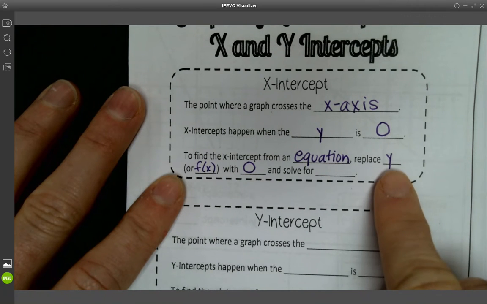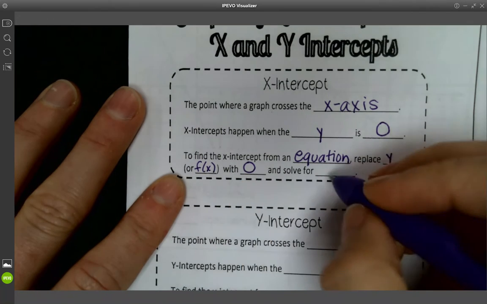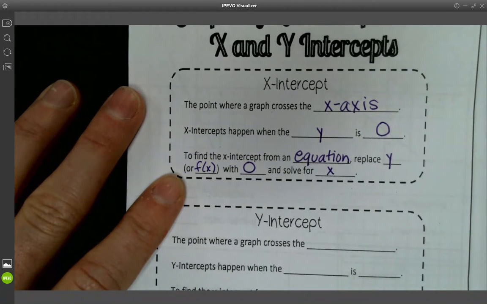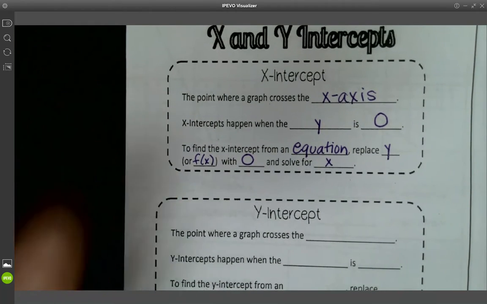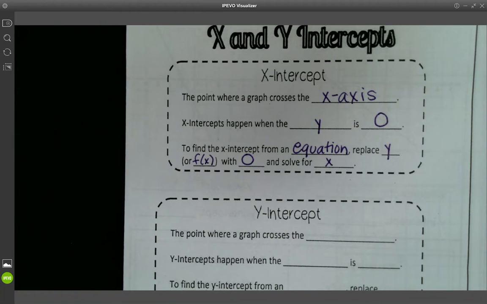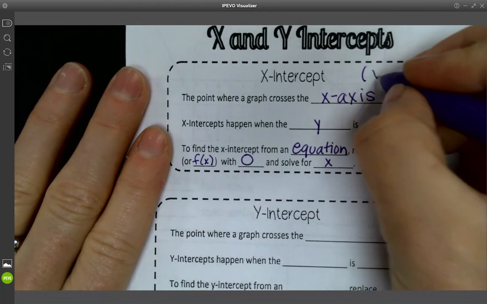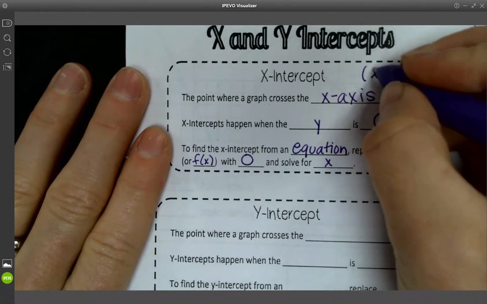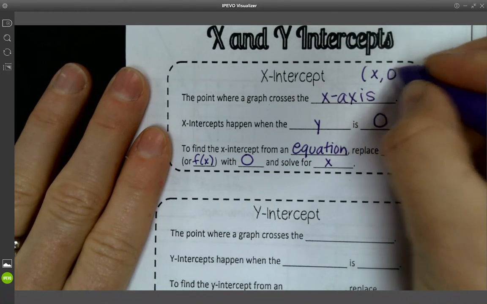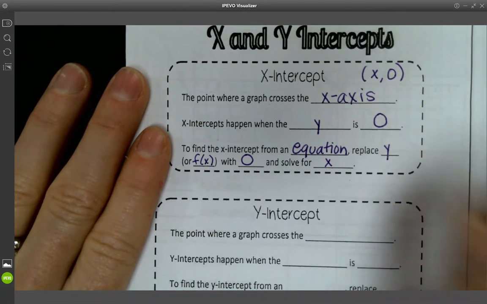So we're going to replace the y with a 0 and solve for x. And our coordinate for the x-intercept is going to be a number for x and a 0 for y. So it's going to be written as a coordinate like that.